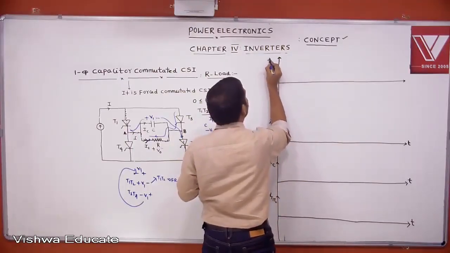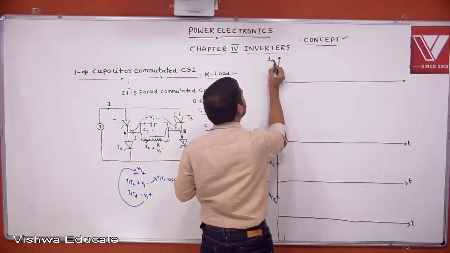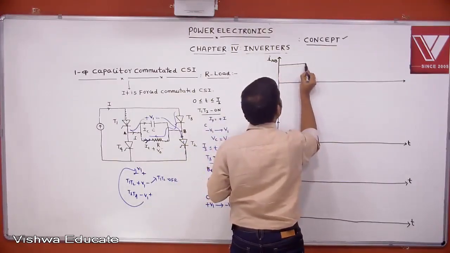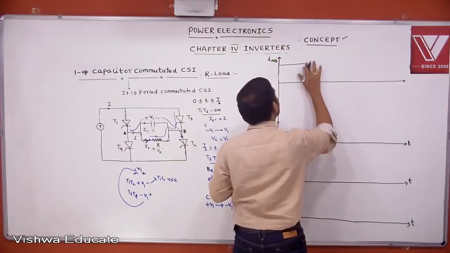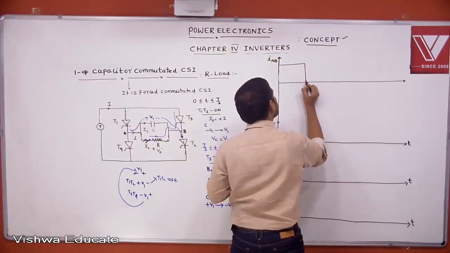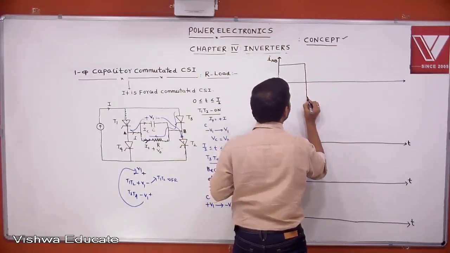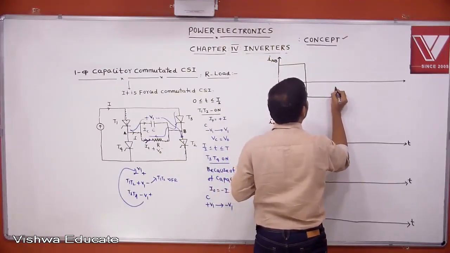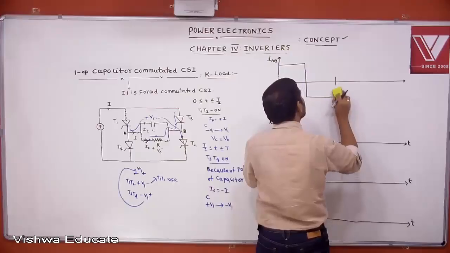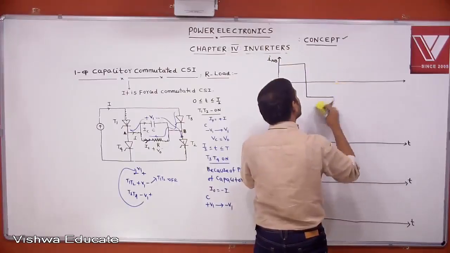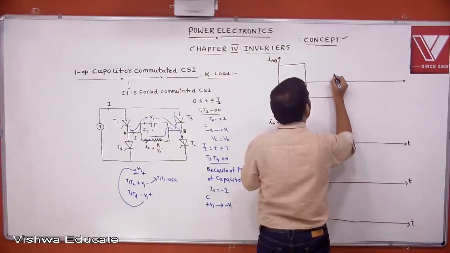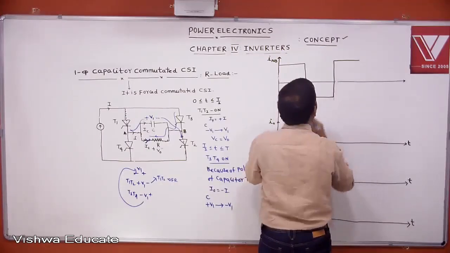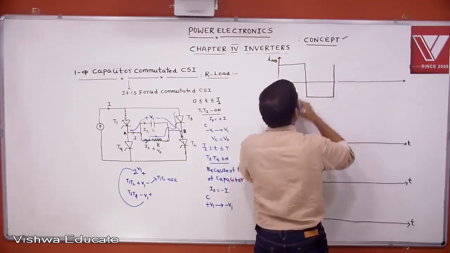If T1, T2 is conducting, we get plus I. If T3, T4 is conducting, we get minus I. Again T1, T2 is conducting, plus I. Again we are getting minus I. It's correct.